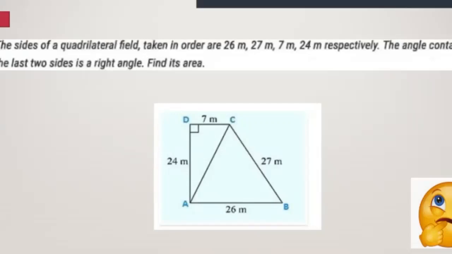So it's a quadrilateral which can be divided into a right angle triangle and a scalene triangle. So find out the areas of each of them one by one. AC is equal to 25, right? 25 meter.